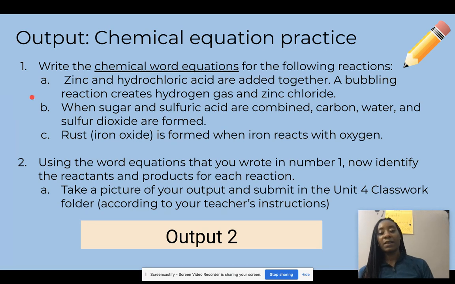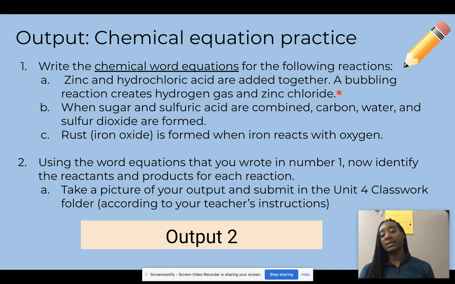So let's think about this as a math equation in which words usually tell us that we should add something together. So where it says zinc and hydrochloric acid, with the and sign, that means plus, they're together. So if you take zinc and you add hydrochloric acid, zinc plus hydrochloric acid, what does that produce?